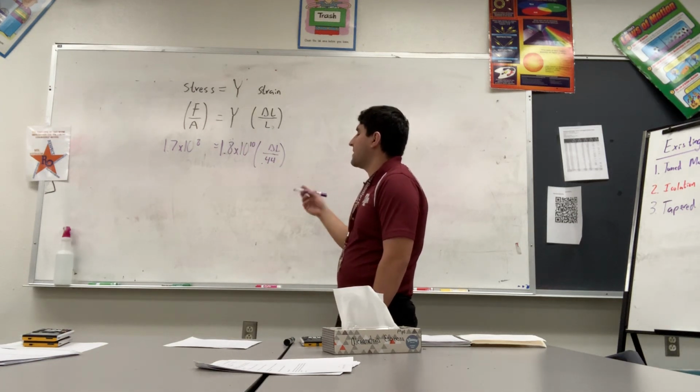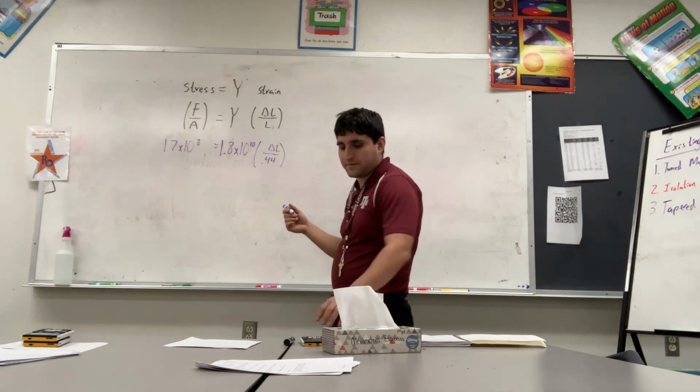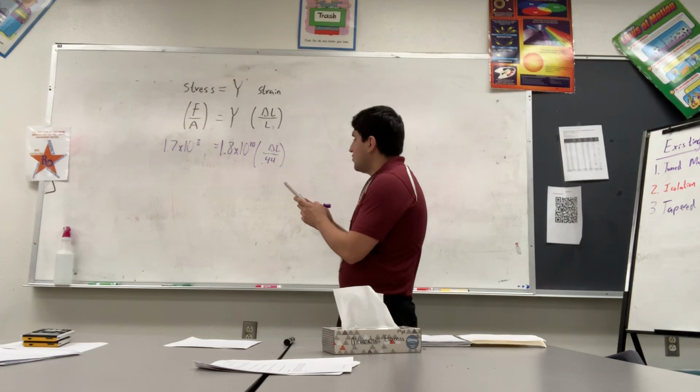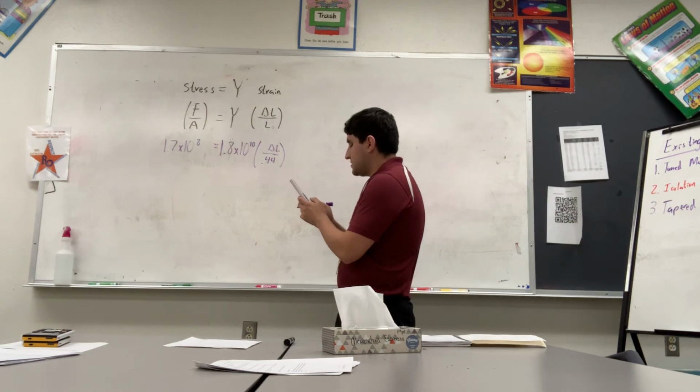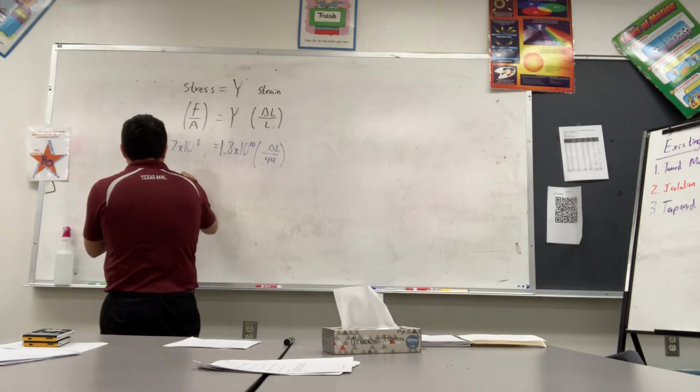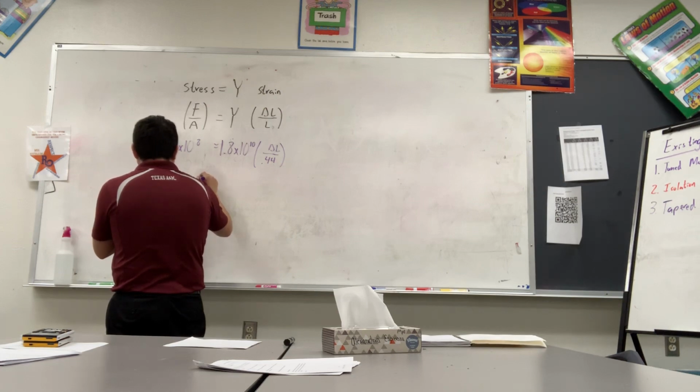So at this point, it becomes like an algebra problem. I divide 1.7 e to the 8 by 1.8 e to the 10th, and I end up getting 0.00944.